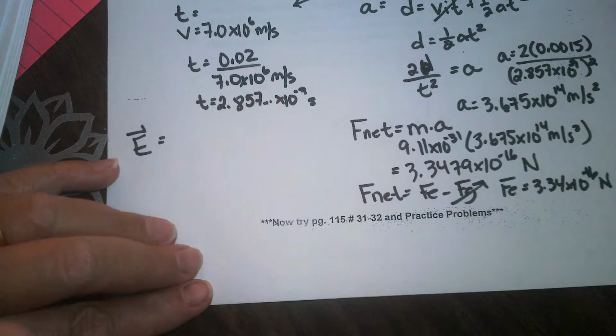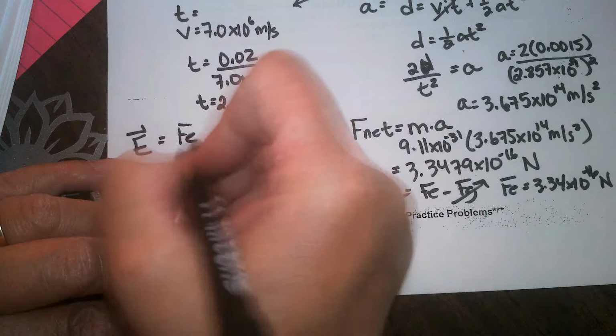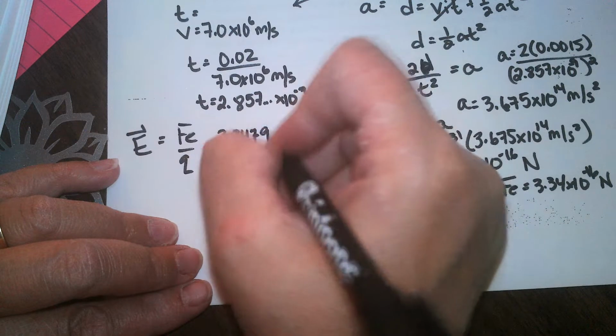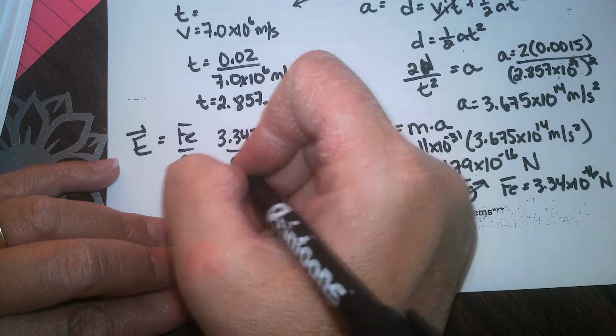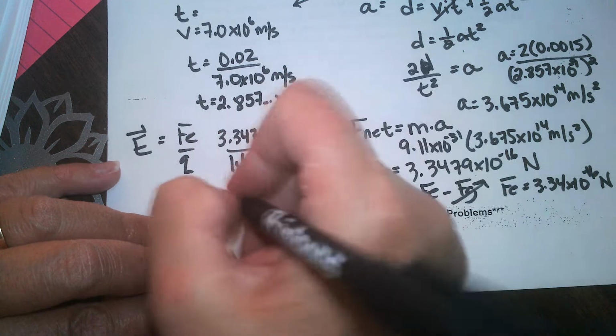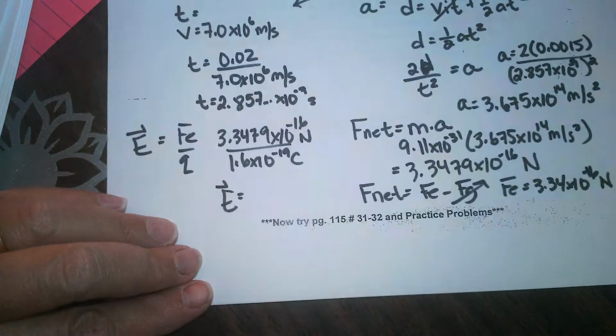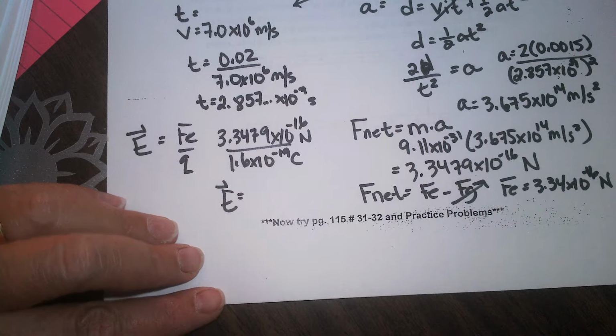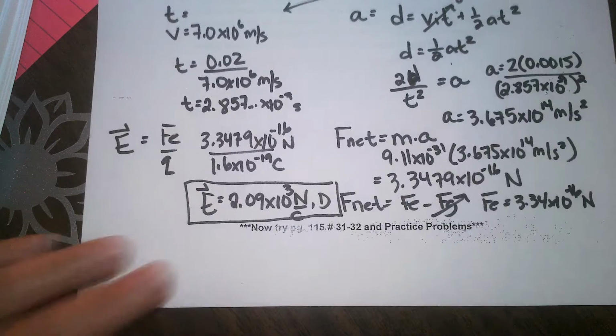Alright. So now we can go Fe over Q. Electric field strength is directional.